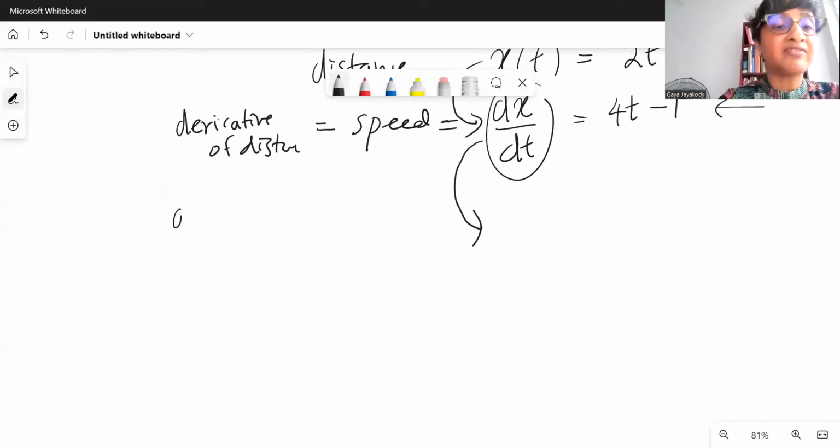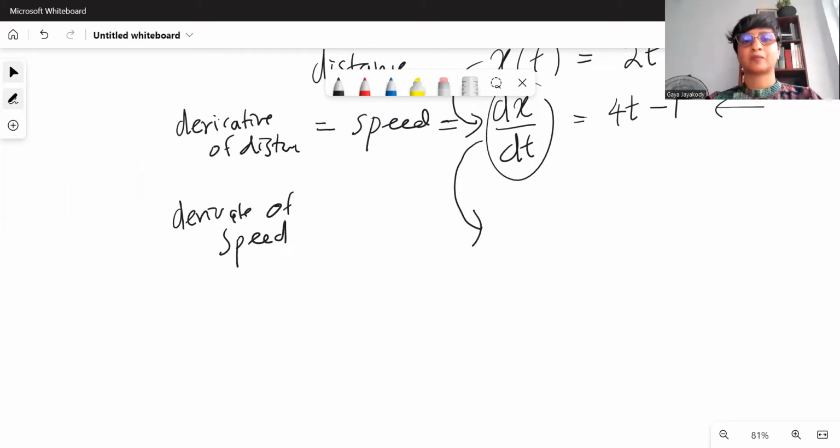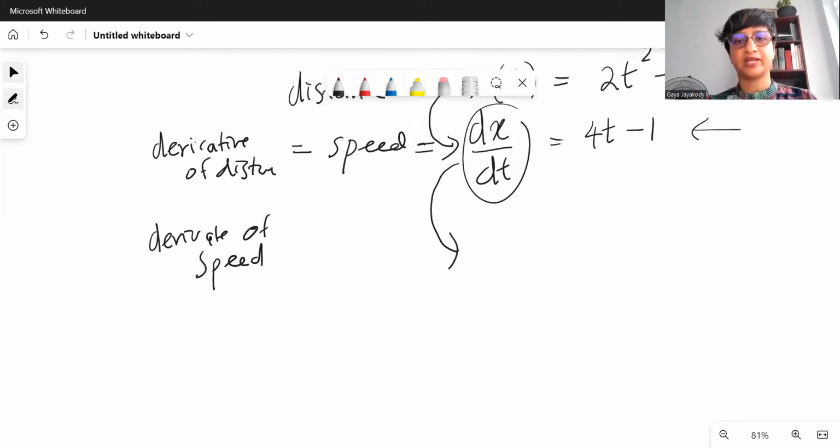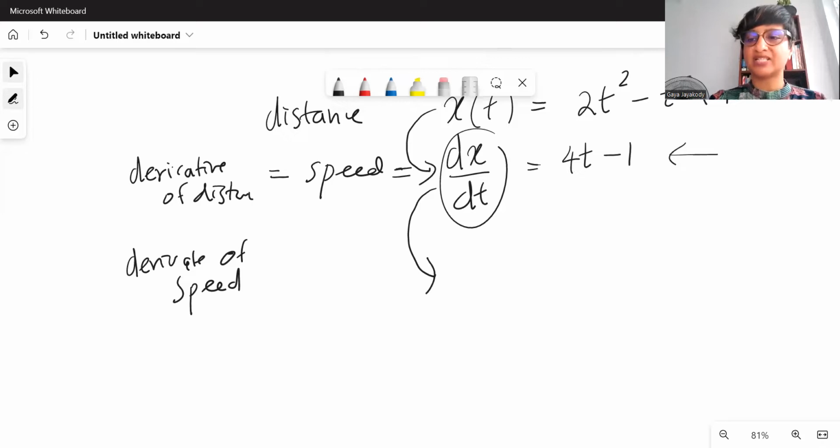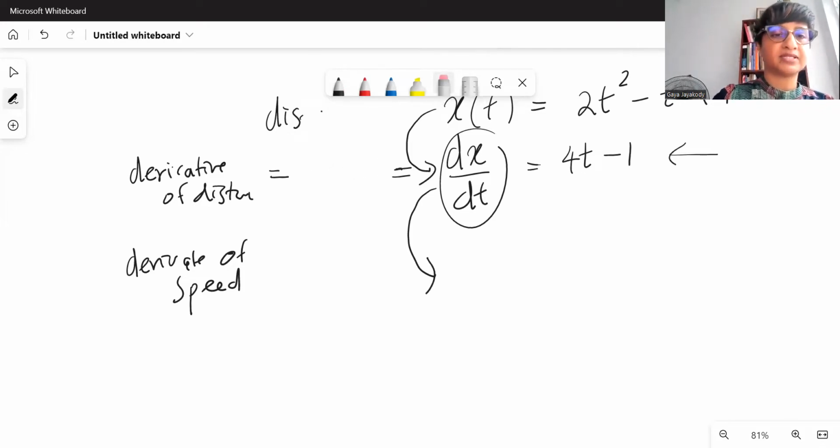Let's instead start with displacement. Give me a moment. Let's make this displacement, and then this becomes velocity. That would make better sense. This is a displacement. You start with the displacement function. When you differentiate it, you get the derivative of the displacement, which is velocity.